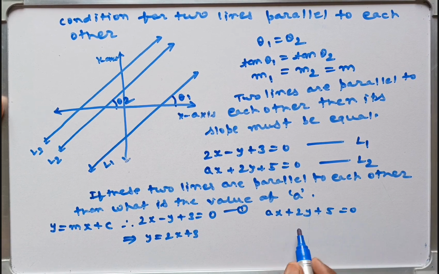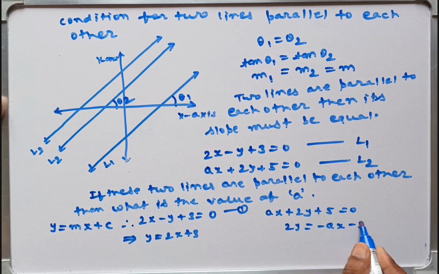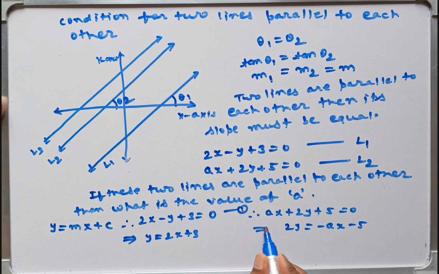Okay, so guys, here we can write 2y equal to minus ax minus 5. So y equal to minus a by 2 x minus 5 by 2. Guys, what you know, if two lines are parallel to each other, then their slopes must be the same.